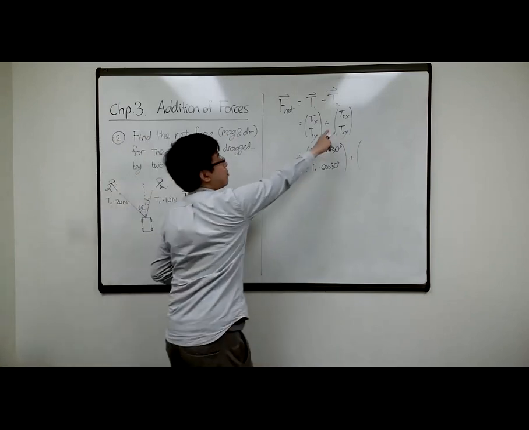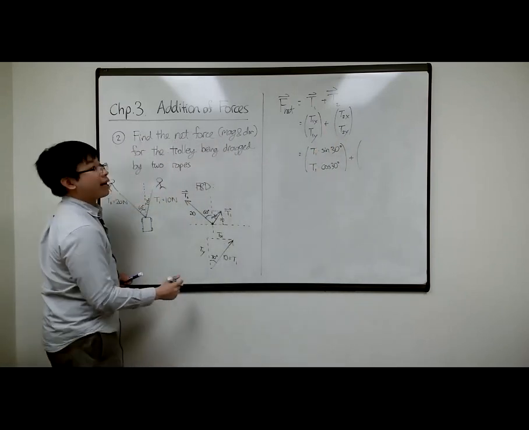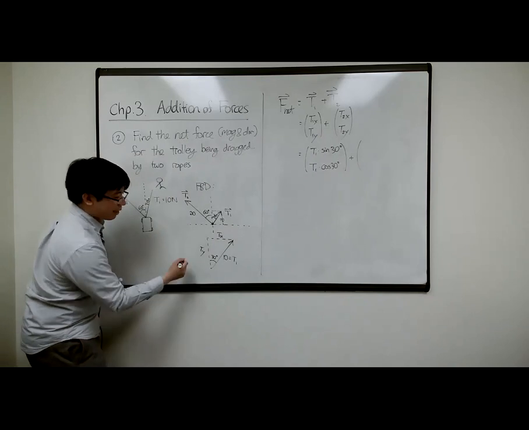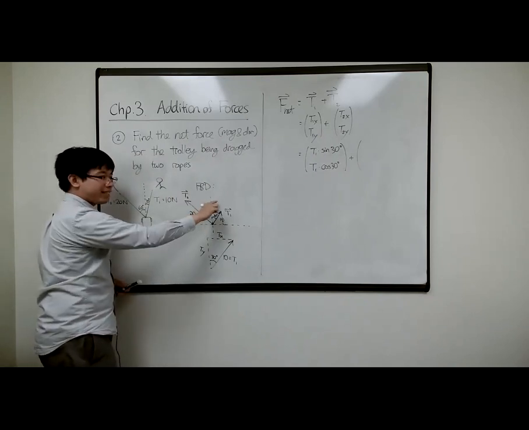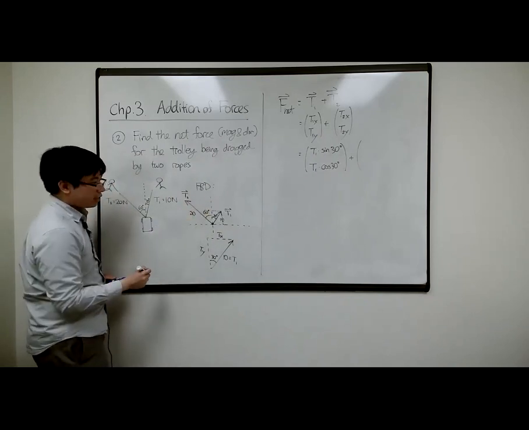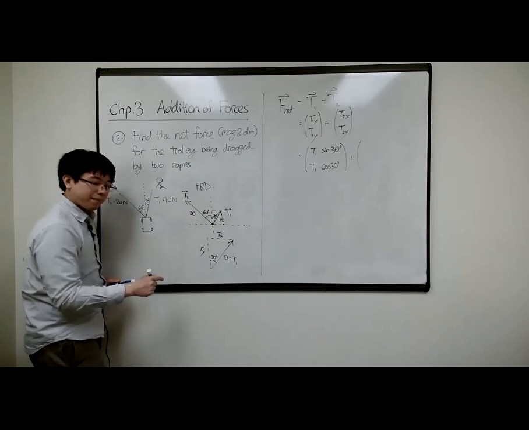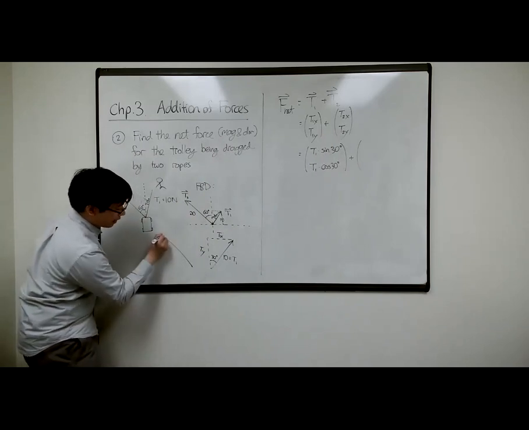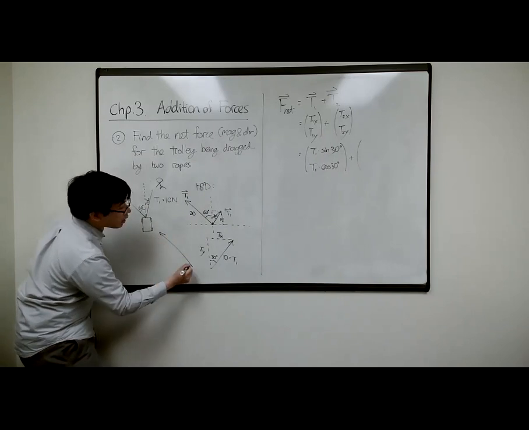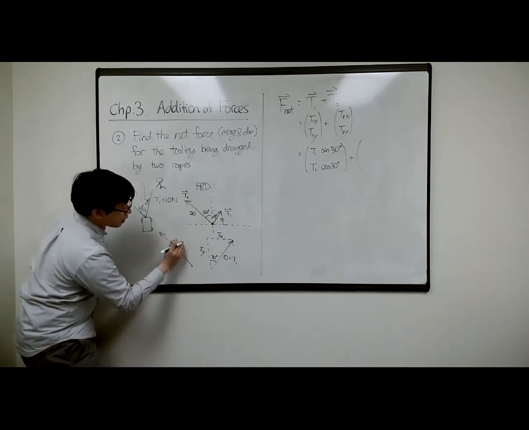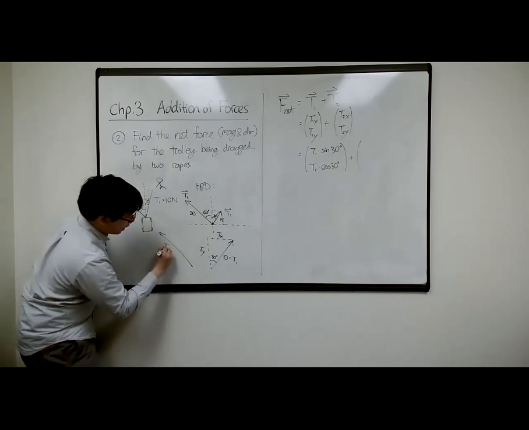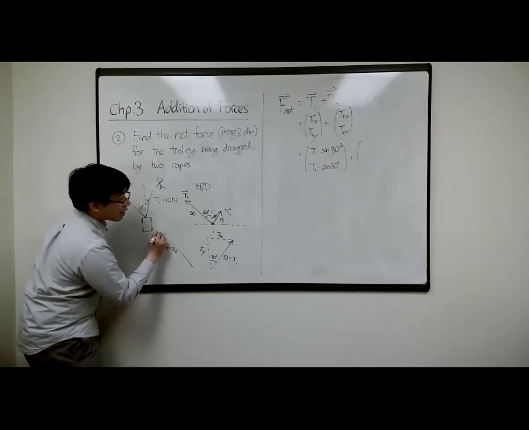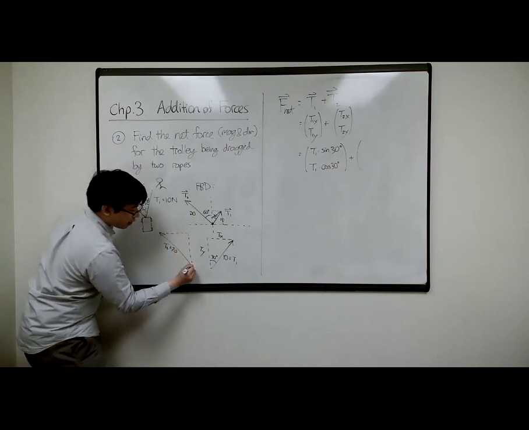Okay, and let's move on to T2. I'm going to draw it separately as well, but as you gain more and more confidence, you can directly do it on here. Yeah, I'll do it separately just as we're gaining confidence along the way. So this is T2, right? So T2 here is 20, and let's resolve it into its components.